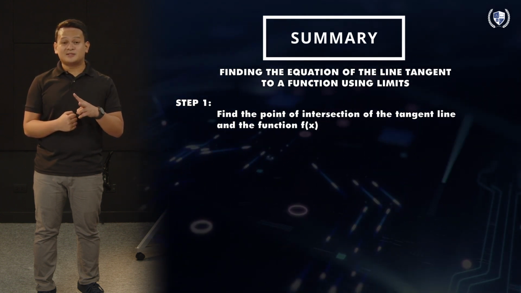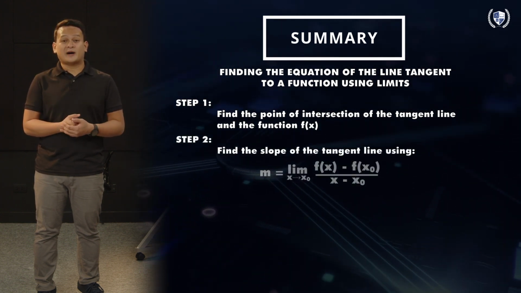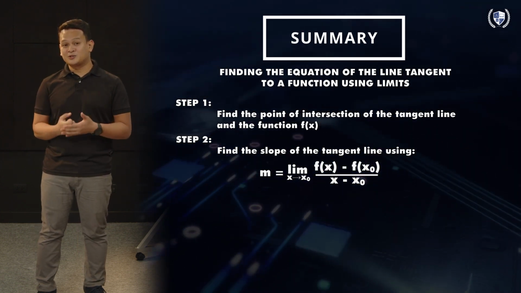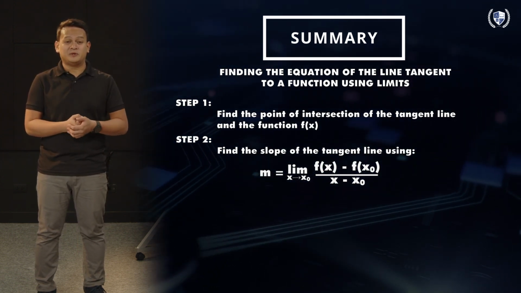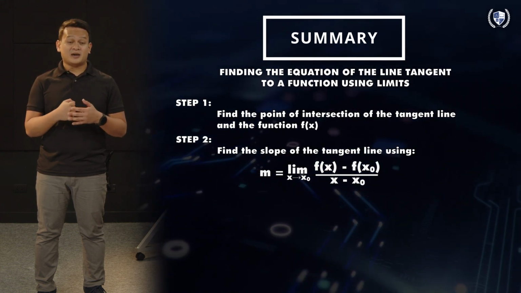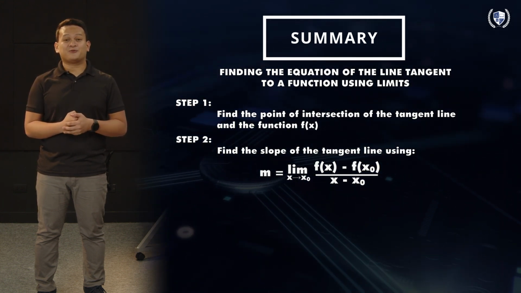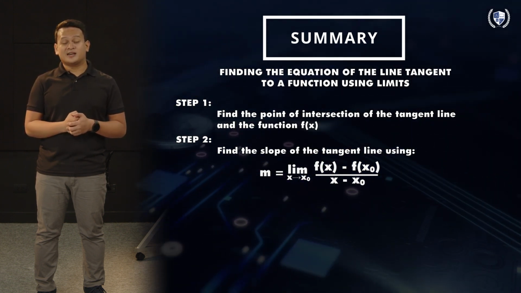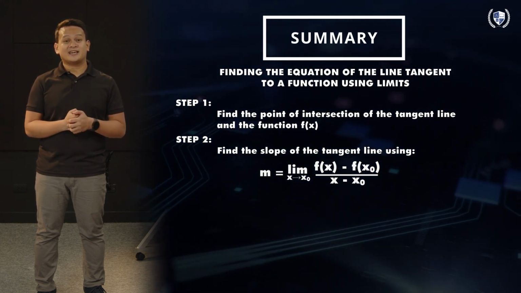The second step would be for us to find the slope. Paano natin masosolve yung slope natin? Ang equation dito or yung formula natin would be the limit of f of x minus f of x naught all over x minus x naught as x approaches x naught.